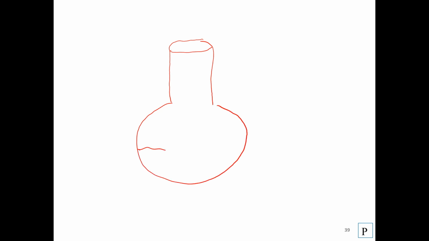So let me do my best here to draw a Chem 1 looking flask. Put some water in it. And let's put a stopper in it. So I actually talked about this at the very beginning of the chapter. Equilibria you may have met before and not known it.